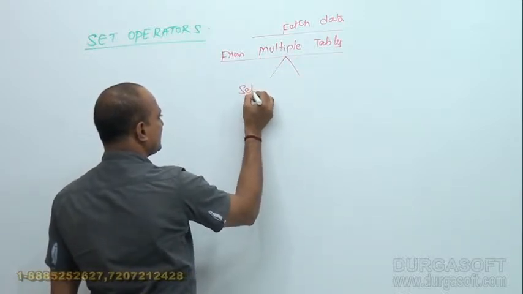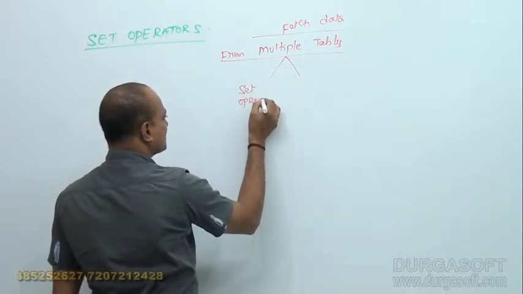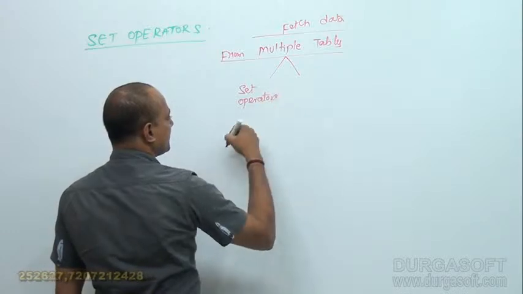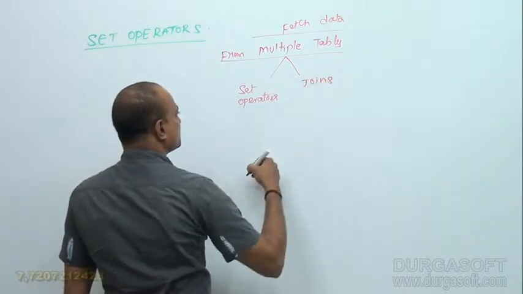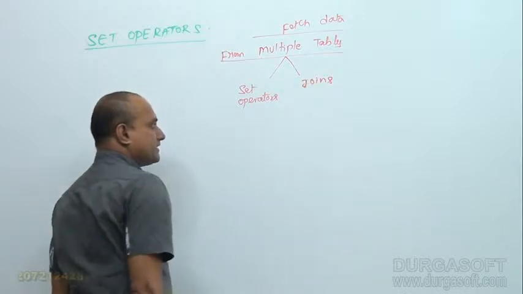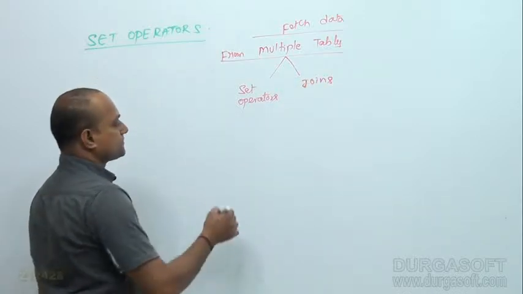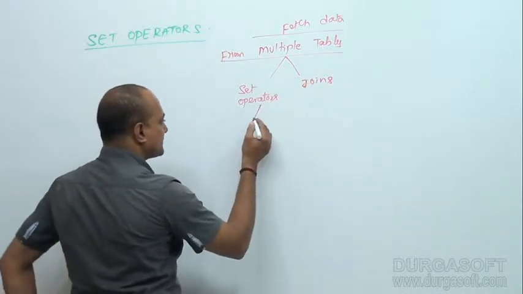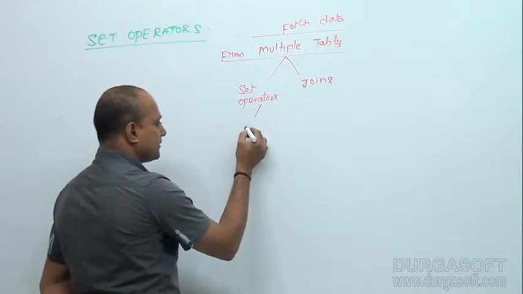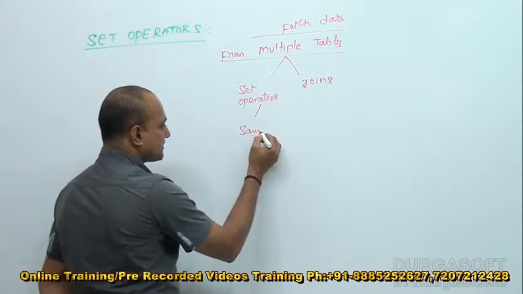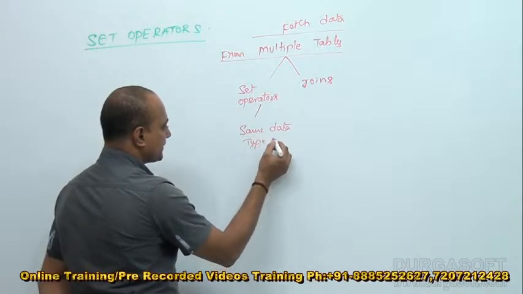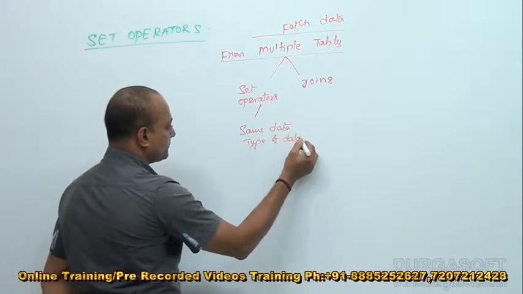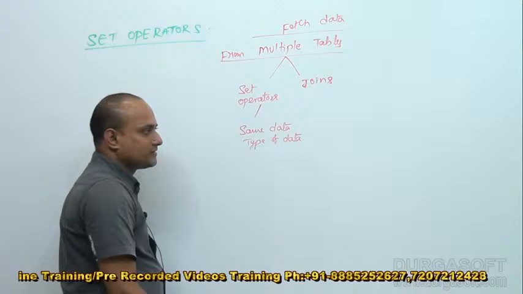One is by using set operators and the other is by using joins. Joins we will discuss later. By using set operators, you can fetch the same data type of data from multiple tables. Remember that.